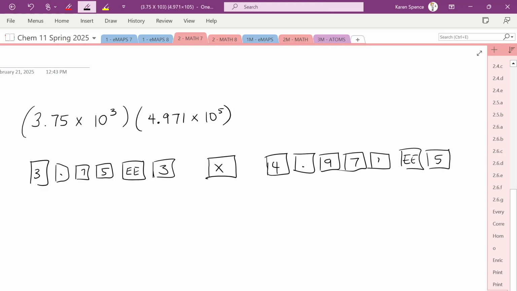Okay, just type that in. 3.75 E3 times 4.971 E5 equals. And my calculator gives me a big, long number.